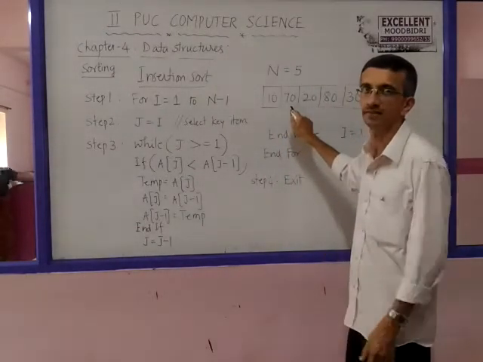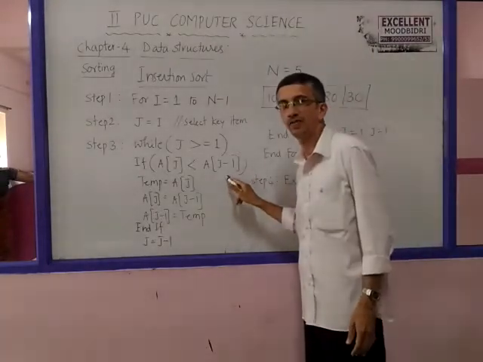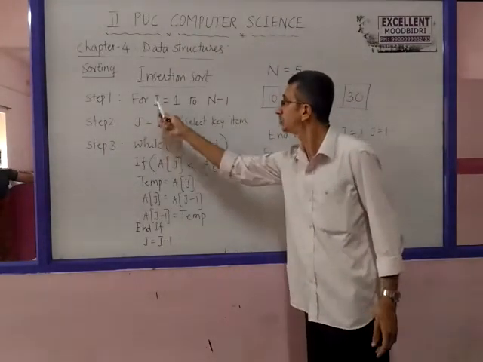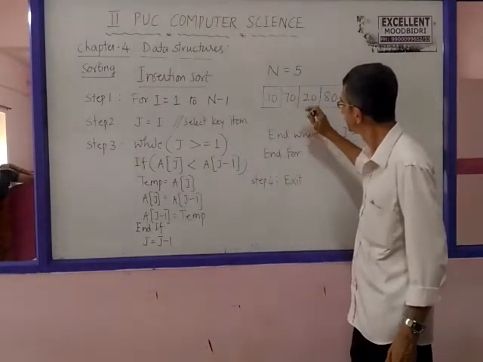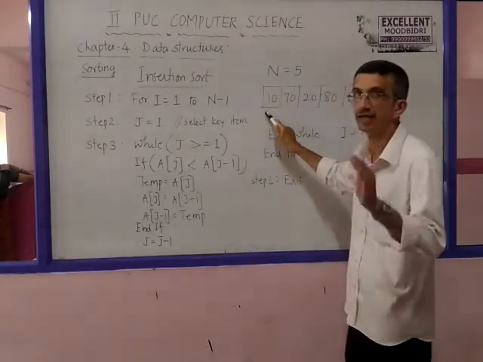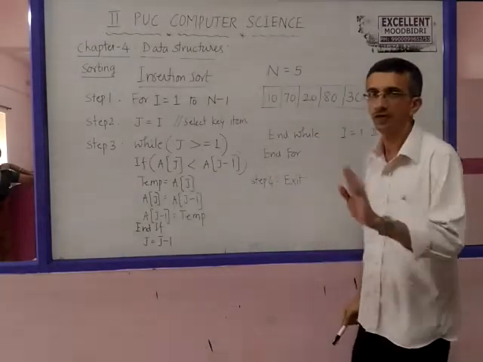No, false. a of j is not less than a of j minus 1. Are you understanding? i is 1, j is 1, a of 1 is 70, less than 10? False, so this will not happen.